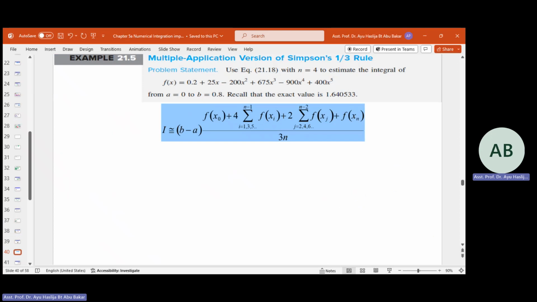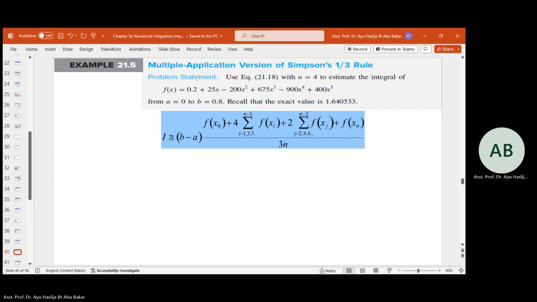Okay, let's try this example of multiple Simpson 1/3. Let me know if I go too fast, you just stop me, no issue. Now, this example uses the same function as in trapezoid last time.